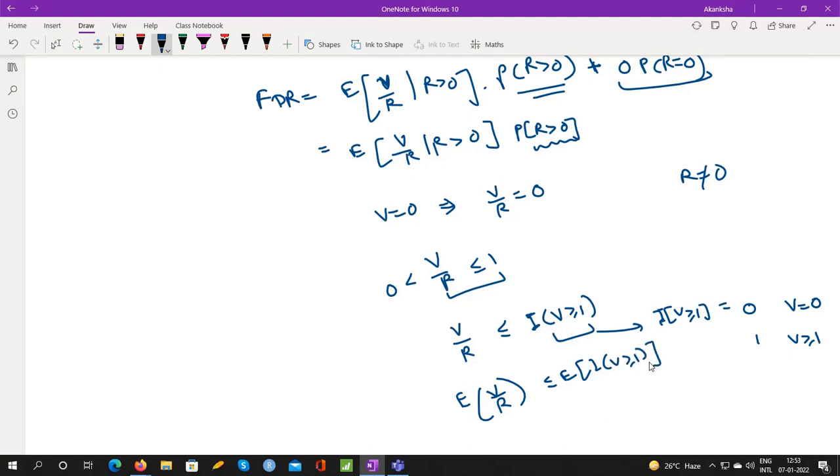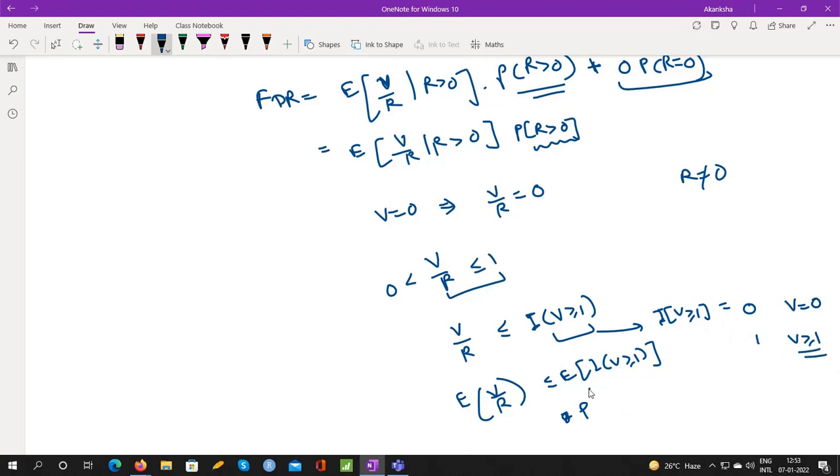And what is the expectation of an indicator function? It will be the probability of V greater than or equal to 1. Correct. The indicator function is a Bernoulli random variable, 0 or 1, and the expectation of a Bernoulli random variable is the probability of success.